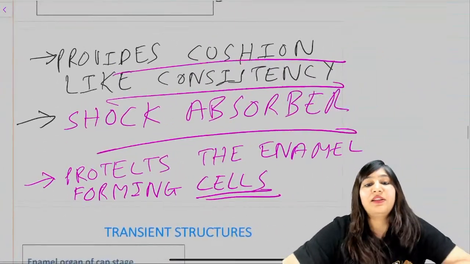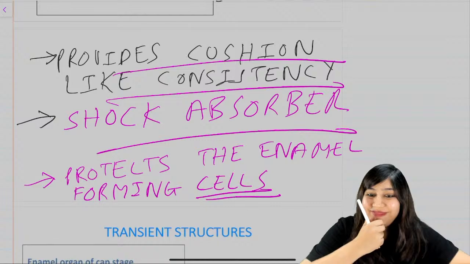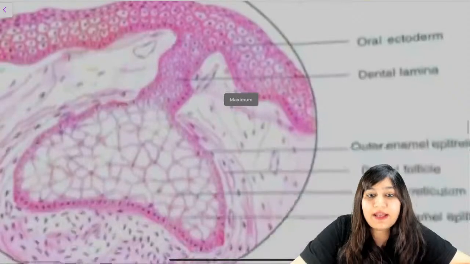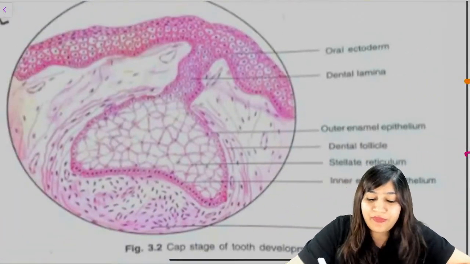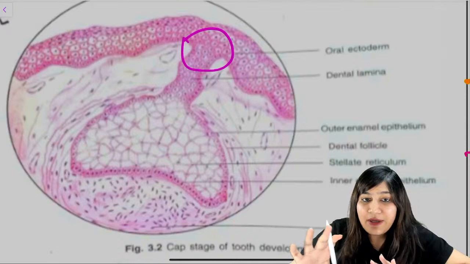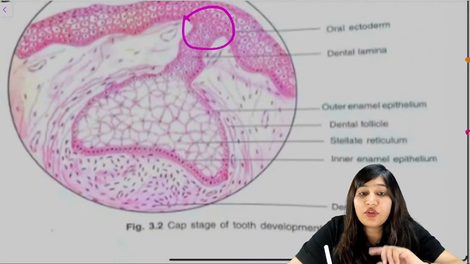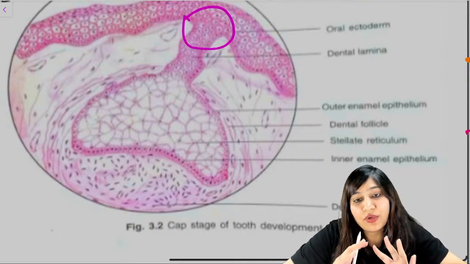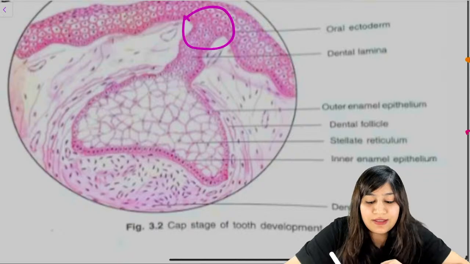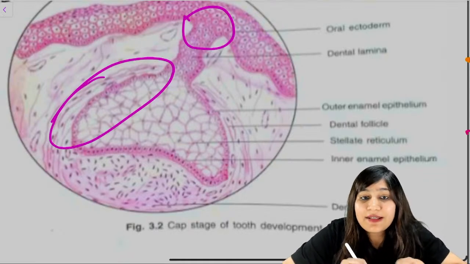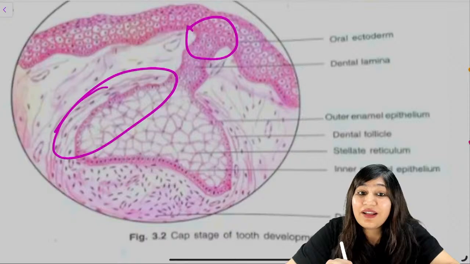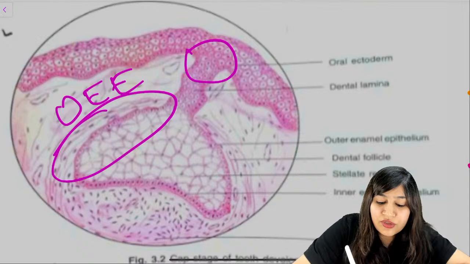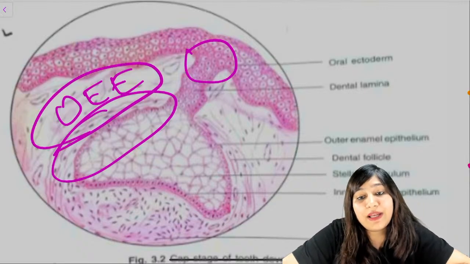Okay. So, in the cap stage, what will happen? In this diagram, we can easily see we have a cap-shaped enamel organ. This is our dental lamina. This is our enamel organ. Basically, three layers. The cells in the convexity of the enamel organ are low cuboidal cells, and they constitute our outer enamel epithelium.